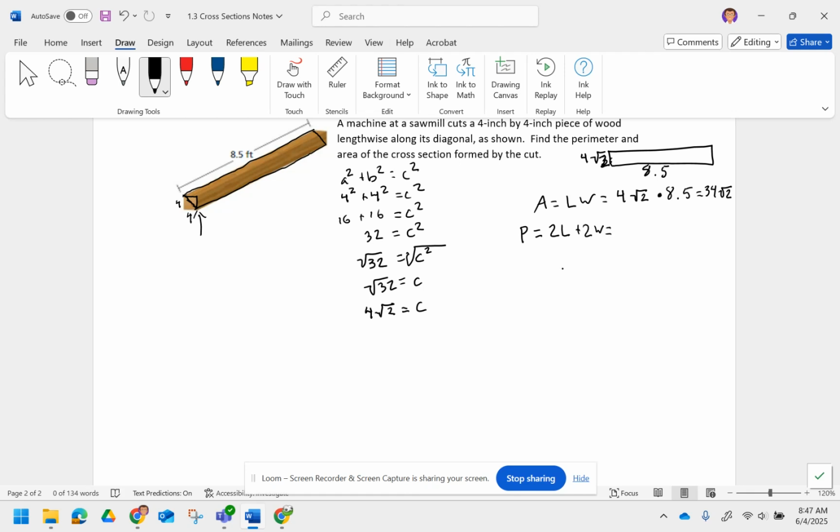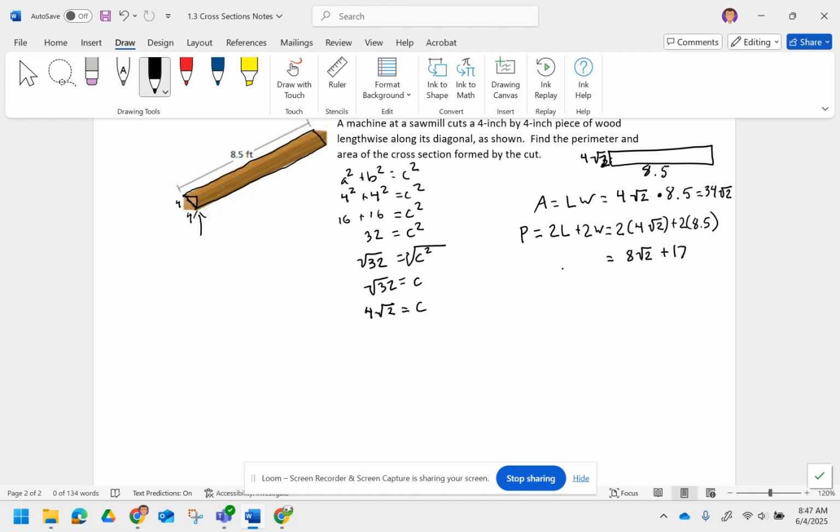For us, that's going to be 2 times 4 square root 2 plus 2 times 8.5. So we then get 8 square root 2 plus 17.